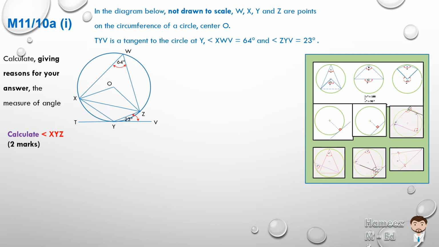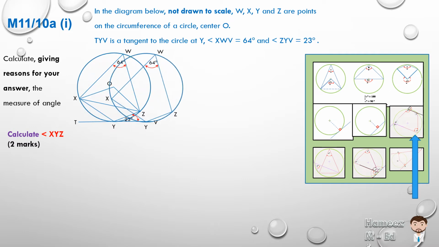So if we look at our sixth diagram in our theorems on the right-hand side, we can see the cyclic quadrilateral, and let's recall that means that it has four sides and all four corners touch the circumference of the circle.